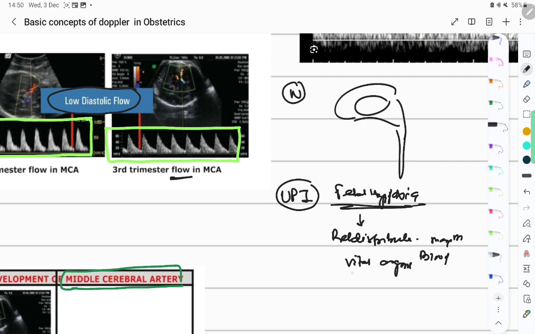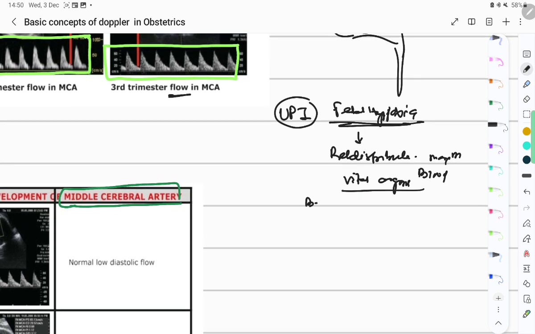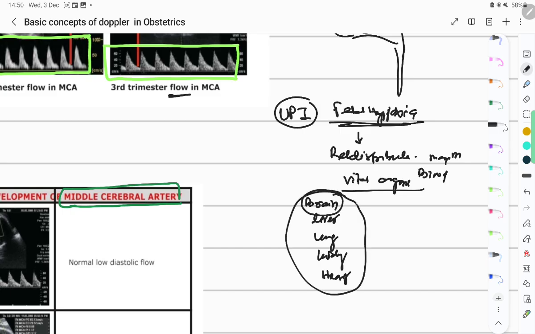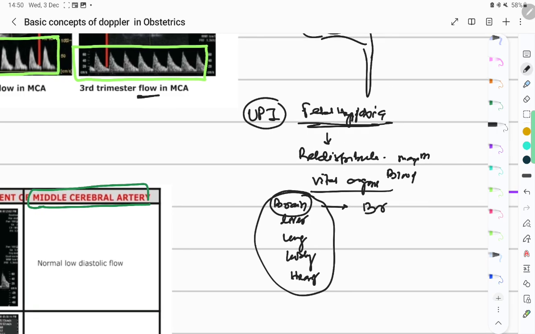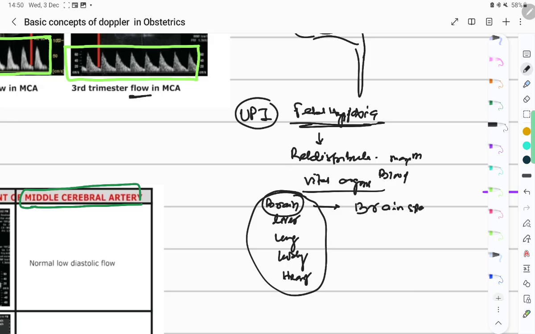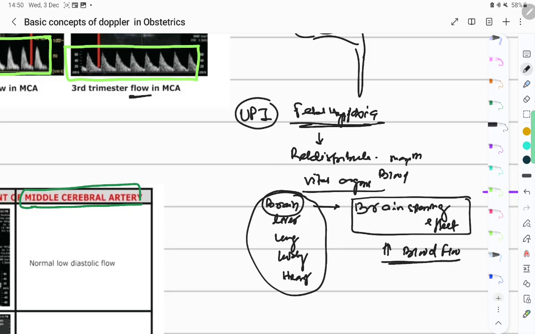What are the vital organs in the fetus? Brain, liver, lung, kidney and heart. Maximum blood will go to the brain. This concept is called the brain sparing effect, that means increased blood flow to the brain during fetal hypoxia or uteroplacental insufficiency.